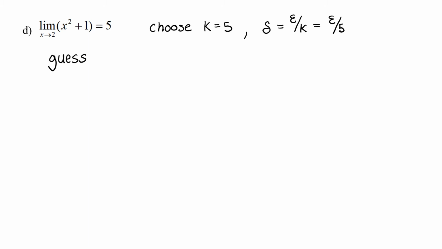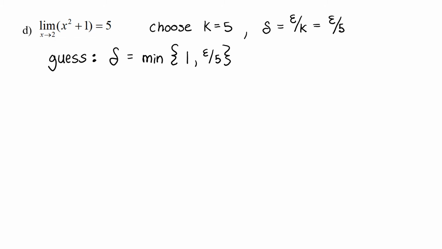But we also have to keep in mind that this k being equal to 5 came from a delta being equal to 1. So we can't have the delta being bigger than 1 or something weird happens. So we're going to guess that delta is equal to the minimum of 1 and epsilon over 5. So whichever one of these is smaller, we're taking to be delta.